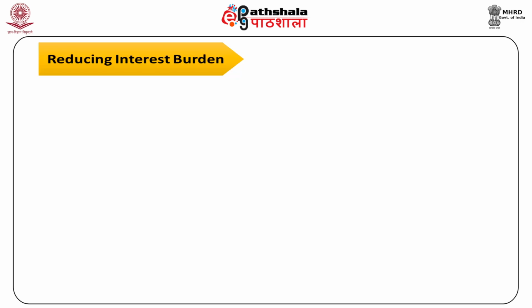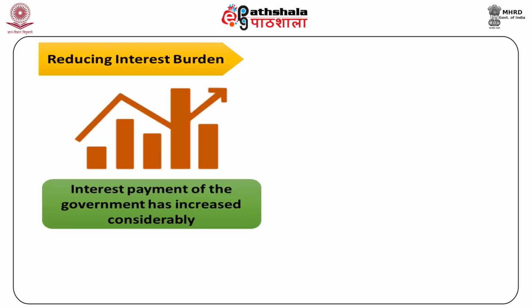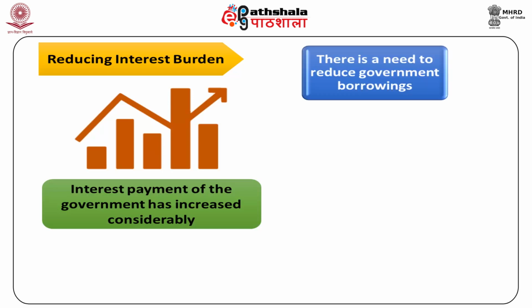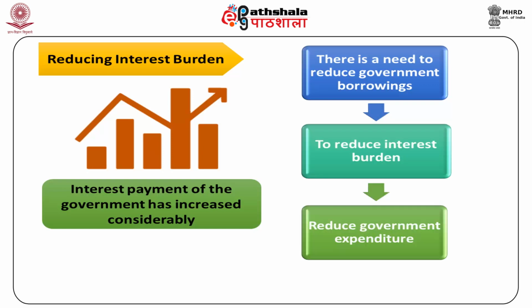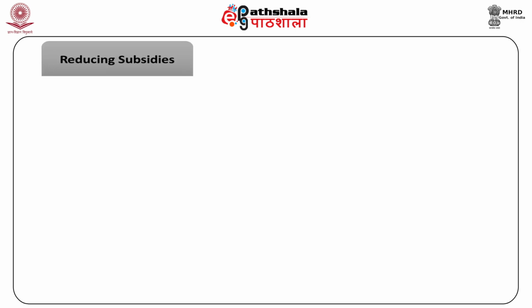Over the years, there has been considerable increase in government borrowings. As a result, the interest payment of the government has increased considerably. Therefore, there is a need to reduce government borrowings so as to reduce the interest burden, which in turn would reduce government expenditure.